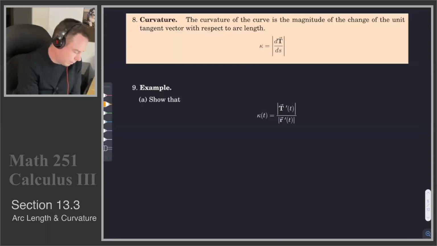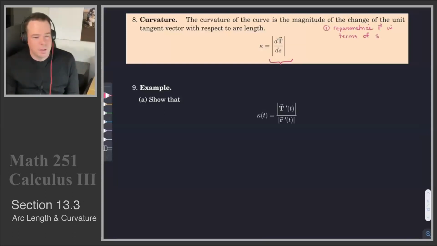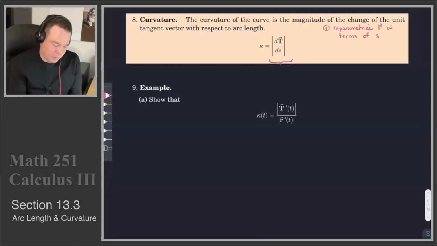So this is how much the curve is bending. Now, what does it take to compute this quantity? We have to do the following. We have to first reparameterize R in terms of arc length S. But that means there's even a step before this.